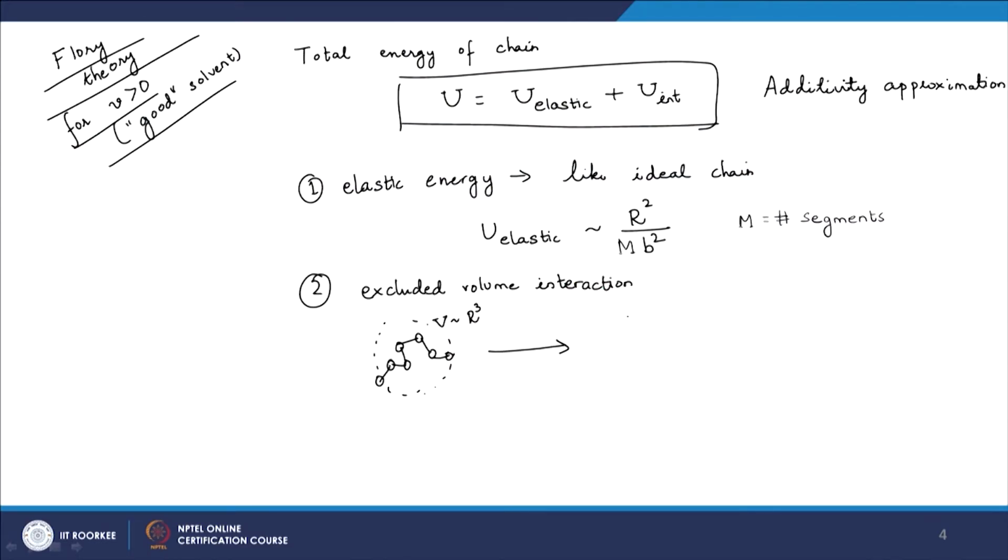So the volume is scaling like R cubed, and in that volume I assume that the segments are uniformly distributed. That means we do not care about the fact that the actual polymer chain is connected and is not the same as a uniform distribution of segments. Other segments cannot be anywhere; each has to be connected to the previous segment, but we assume that this is not the case.